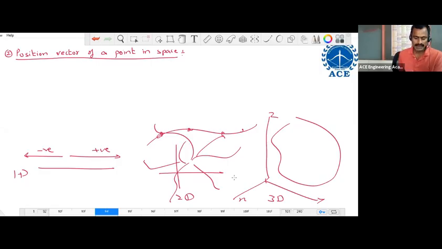If the object moves in 1D space, we do not require any vector calculus. Whenever the object is in 2D or 3D space, to study its motion we require vector calculus. That is why we require the position vector of a point in space, to express every position of a moving object in space as a vector.